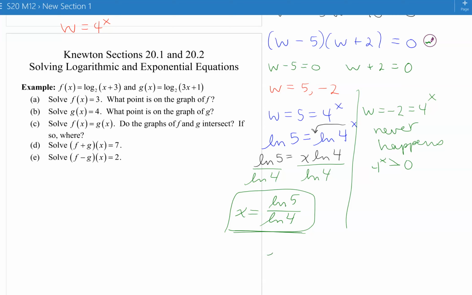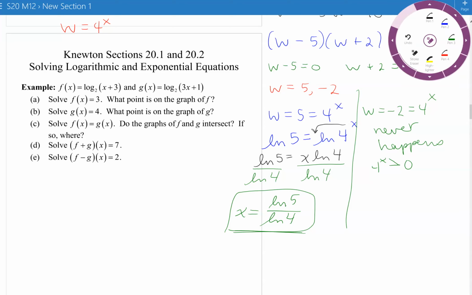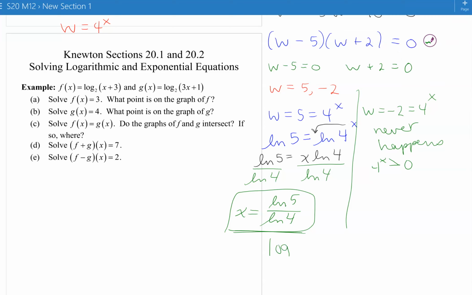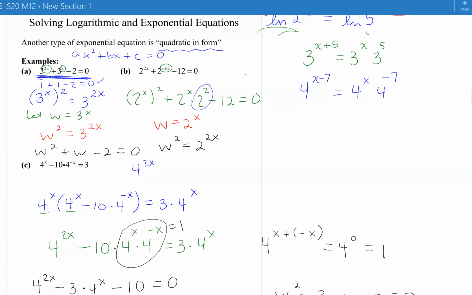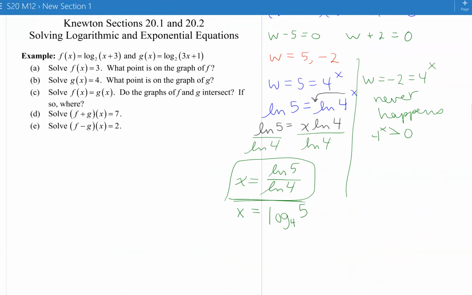And if you notice, this looks like the change of base formula. It's the log in base 4 of 5. So if you have one of those cool Casio calculators, you can do it that way to find the decimal approximation. In this problem, you weren't asked for the decimal approximation.